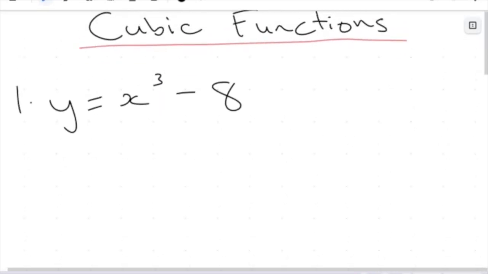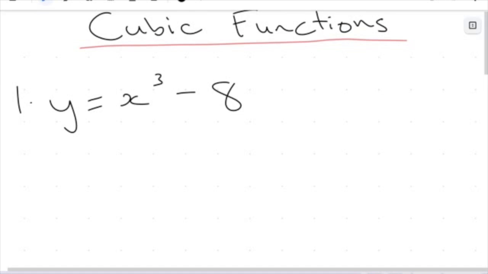For this initial example, we're going to go through this slowly, and once we refresh our memories on what these translations mean and how the graph tells us which way it is being shifted, we'll go through the next two questions a little bit quicker.